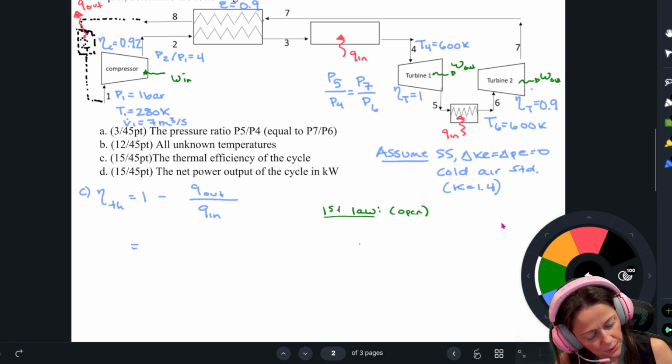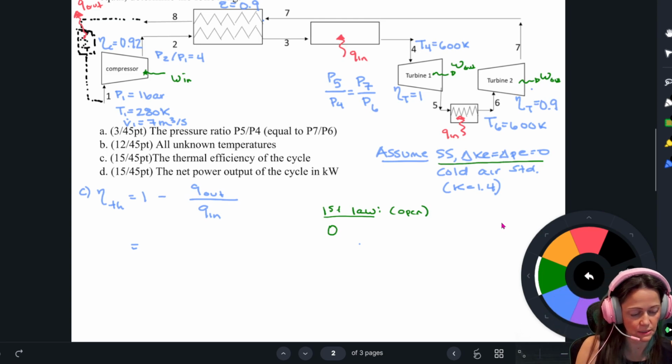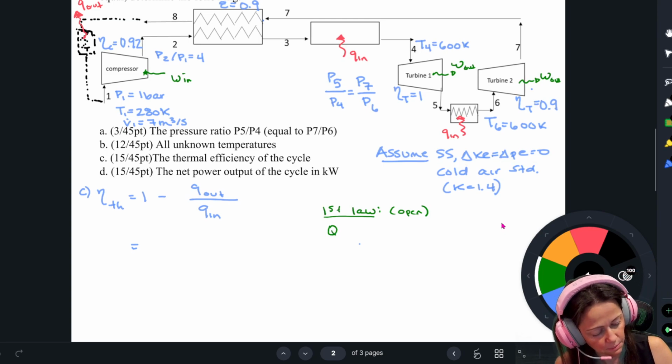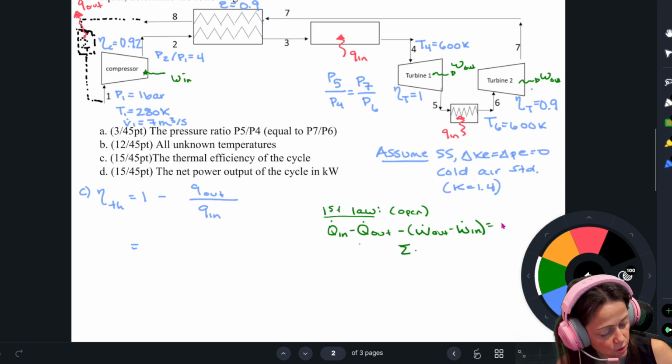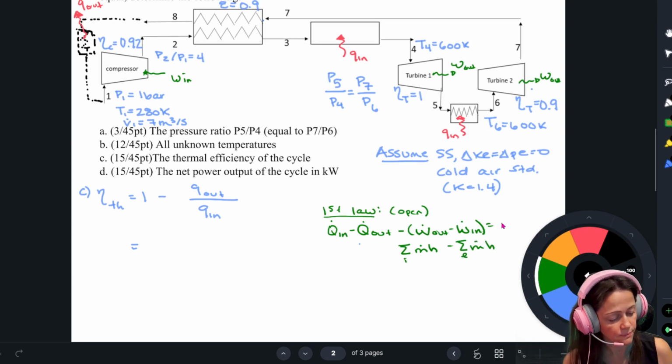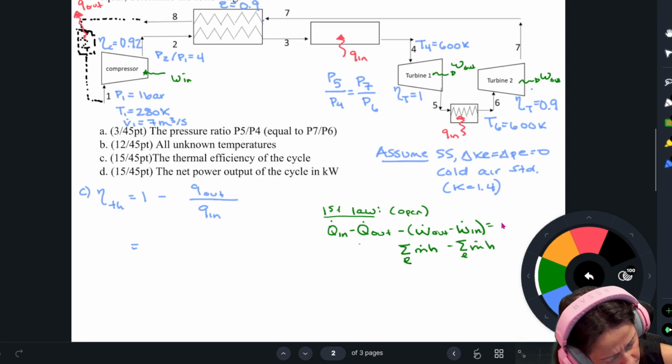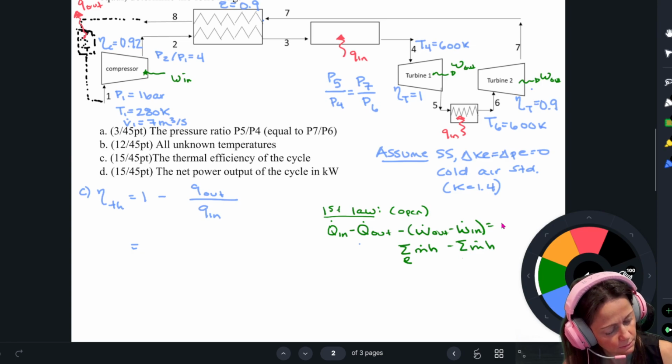It's going to boil down to, once we ignore the kinetic and potential energy changes and say it's steady state, Q dot in minus Q dot out minus W dot out plus W dot in. And then you're going to have some things in terms of delta H's, out minus in.